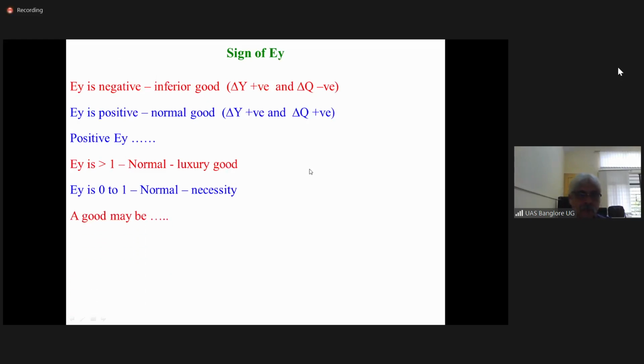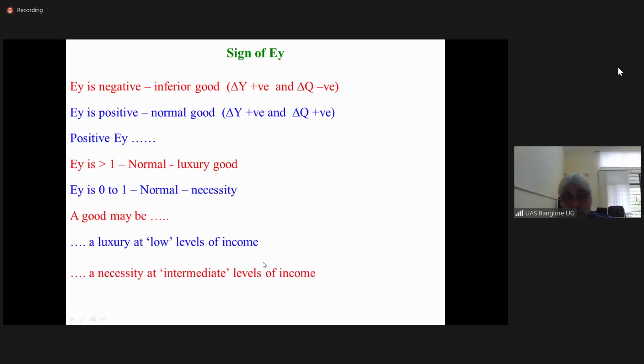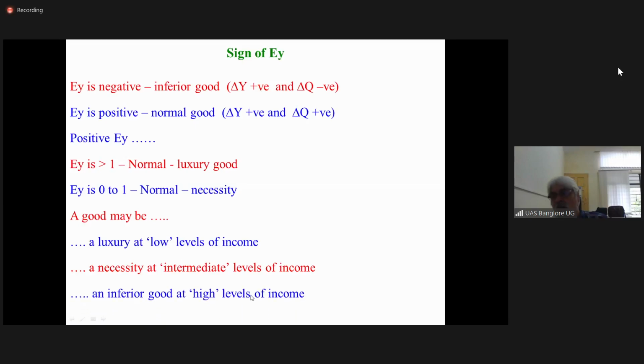Okay. A good may be a luxury at low levels of income. The same commodity can be a necessity at intermediate levels of income, and the same commodity can be an inferior good at high levels of income. Let us take, just to give an example, a bicycle. Suppose I am working as a laborer in some construction work.